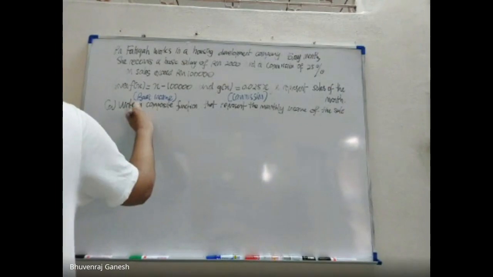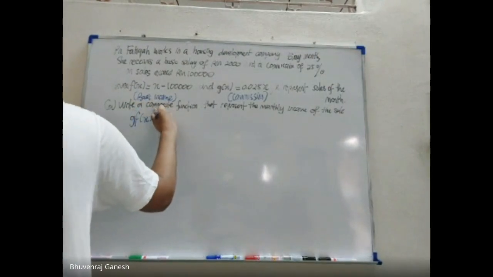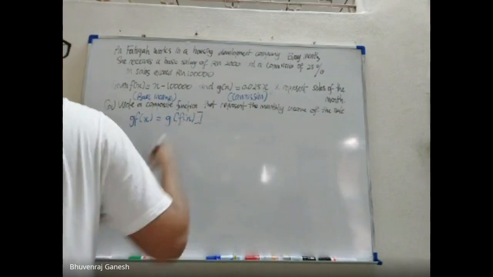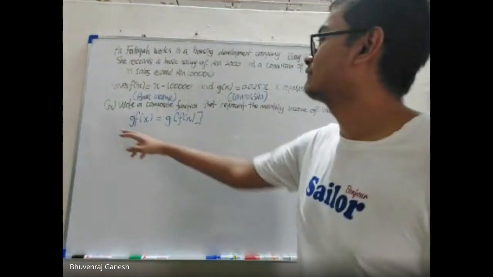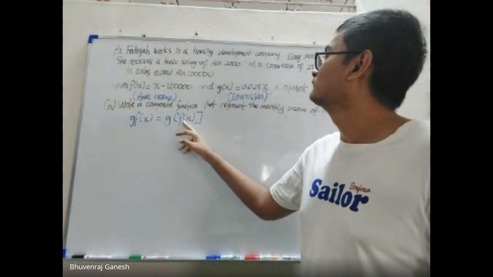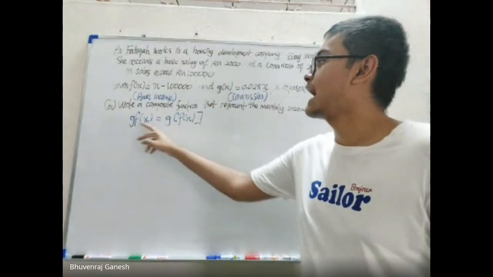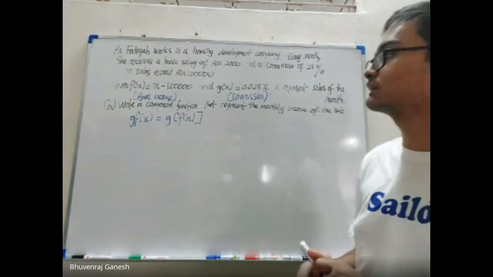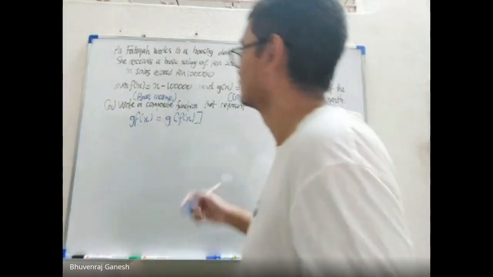So gfx is equal to g, so you sub your fx inside. It also makes sense. Let's say you want to write fgx, means your gx will be inside the bracket here, which is 0.025x, and x minus 100,000 you times by 0.025x. So it doesn't make sense. The order should be opposite.